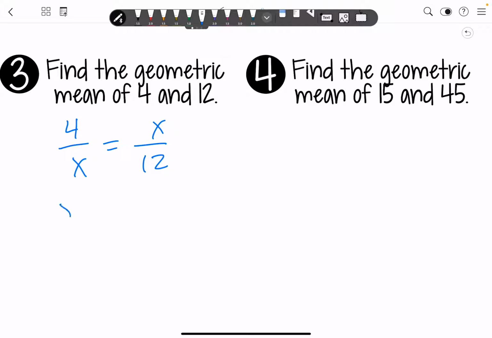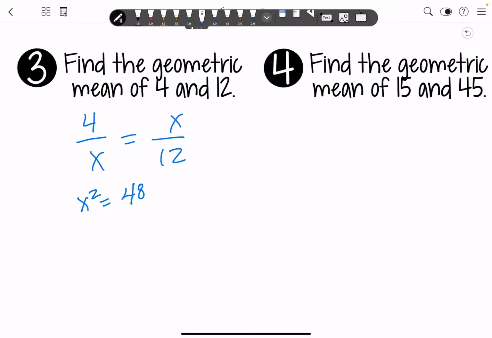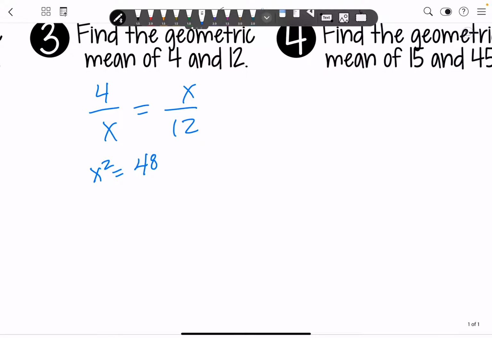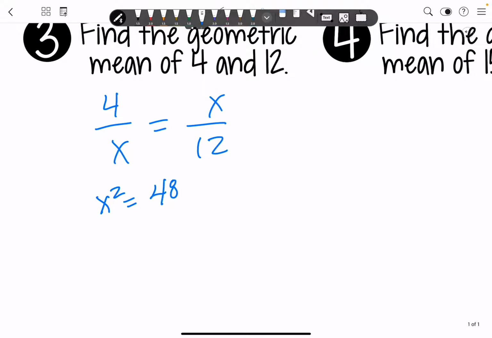We get x squared is equal to 4 times 12, which is 48. I need to take the square root of it, and you get x is equal to the square root of 48. Well, we know it's close to 49, which is 7 squared, but that doesn't mean that this is 7.